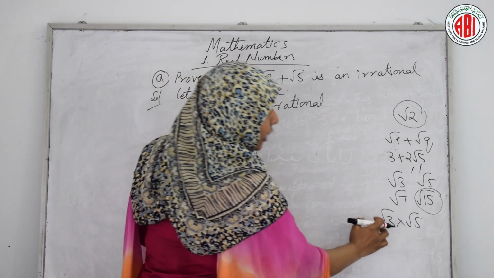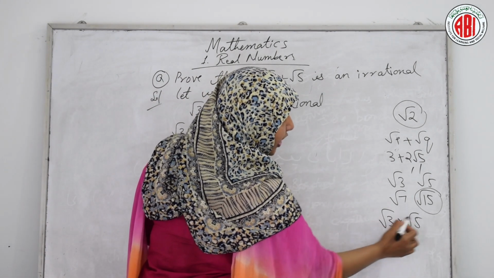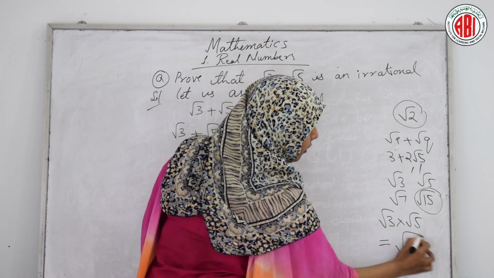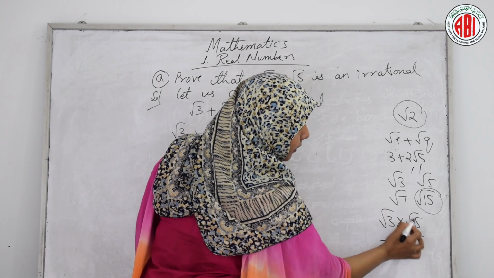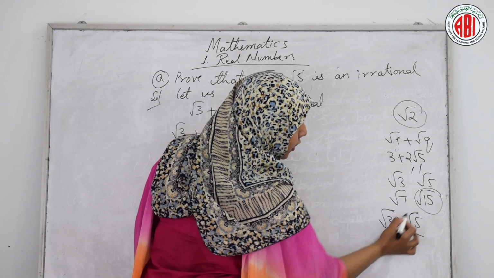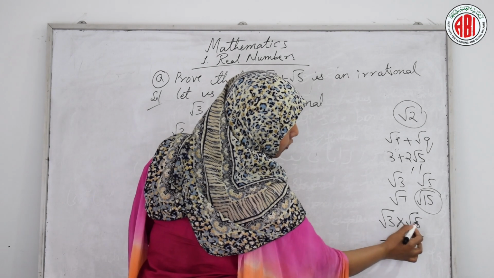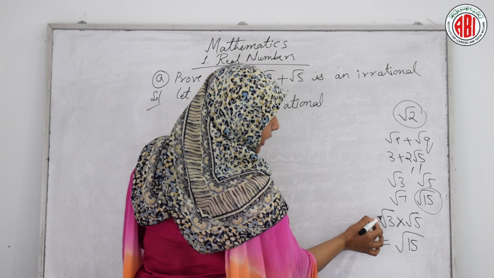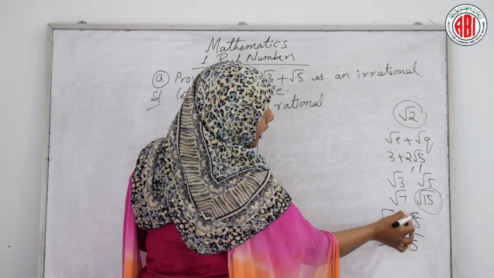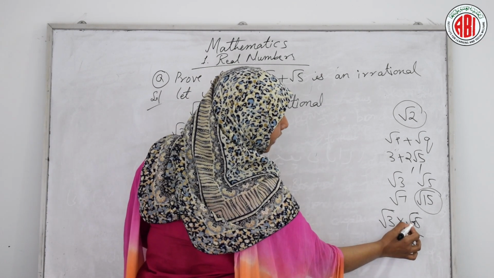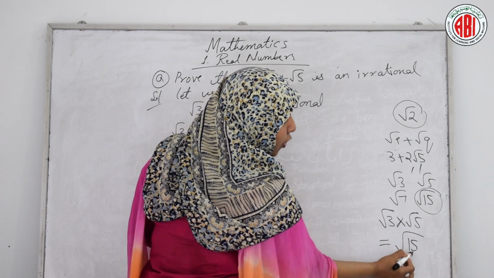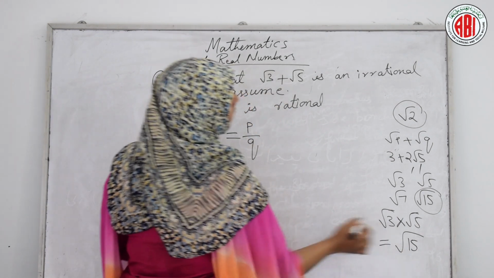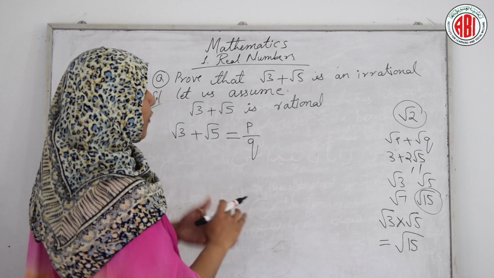If you multiply the two irrational numbers, root 3 into root 5, what will be the answer? If root is there, you can multiply the numbers, 3 into 5, 3 fives are 15. Root 3 is irrational, root 5 is irrational, the product of 3 and 5 is 15, therefore root 15 is also irrational. Like that you have to do.